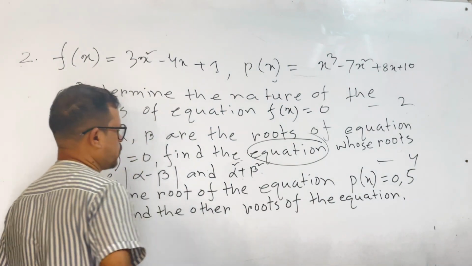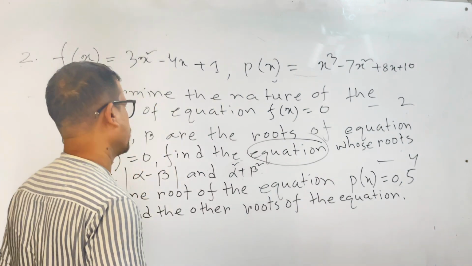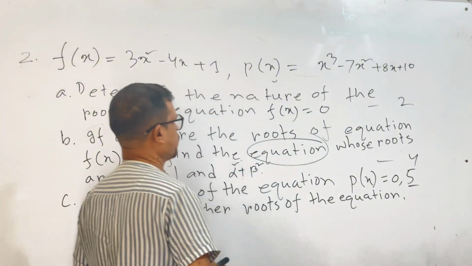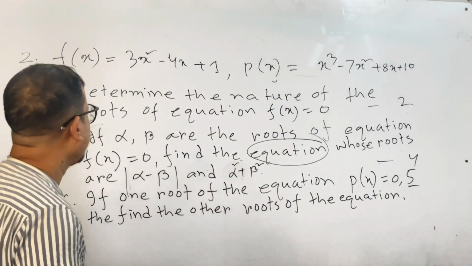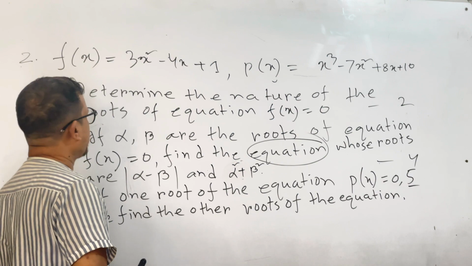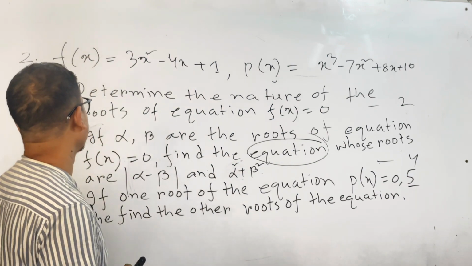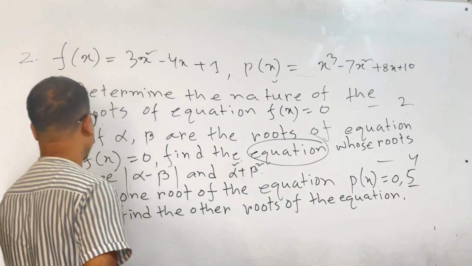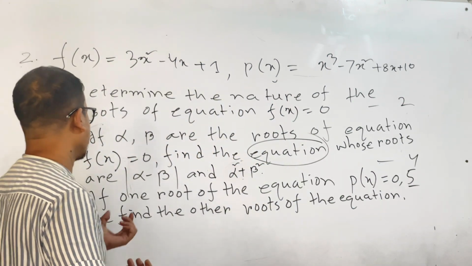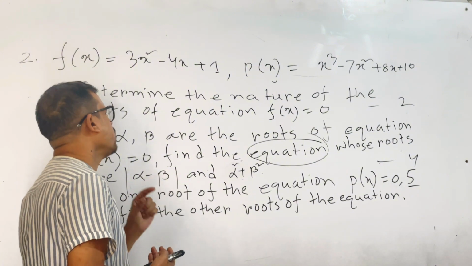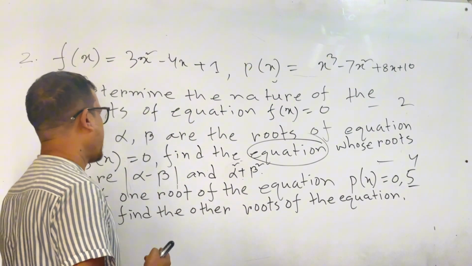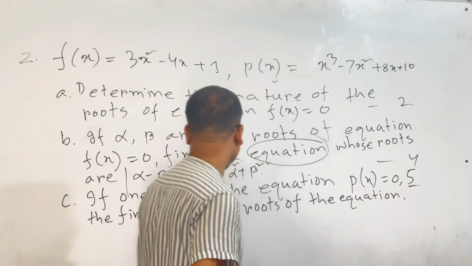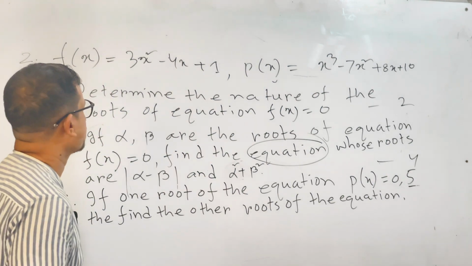If one root of the equation p(x) equal to 0 is 5, find the other roots of this equation. Actually, we have to determine the nature of the roots, and in B, we have to determine the equation whose roots are alpha minus beta absolute sign and alpha square plus beta square, and one root of p(x) is 5, we have to find out the other roots of the equation.